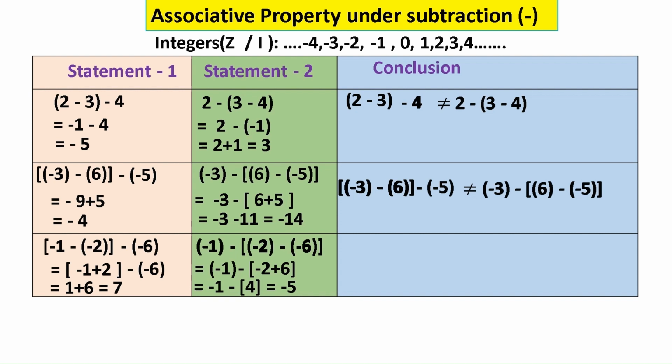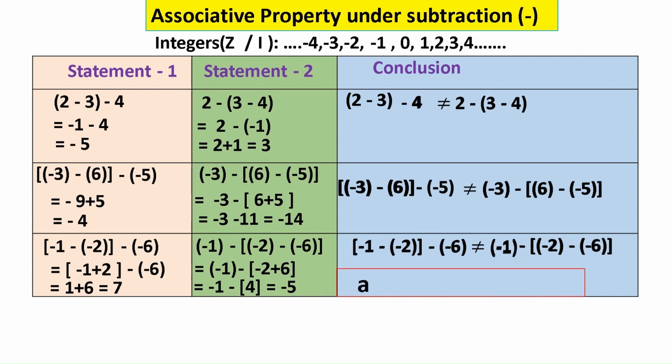Now here in statement 1 we get 7, and in statement 2 we get minus 5. These are not equal. So minus 1 minus of minus 2 minus of minus 6 is not equal to minus 1 minus of minus 2 minus of minus 6.